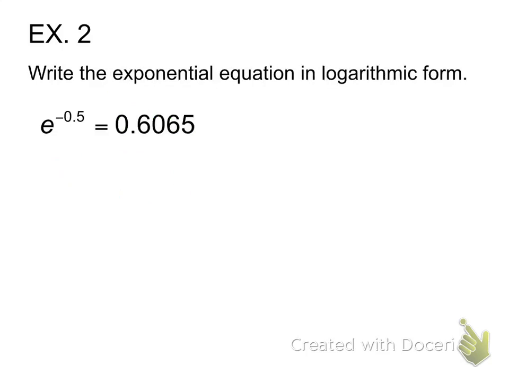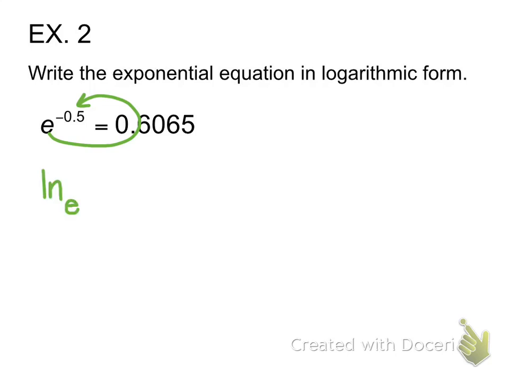Same thing for number 2. e to the negative 0.5 power equals 0.6065. So this is exponential, and I need to rewrite it in logarithmic form. I'm going to start with the base and do my loop-de-loop again. e around to the other side of the equal sign and back to the exponent. Since this is base e, I'm not going to use log, I'm going to use natural log, ln.